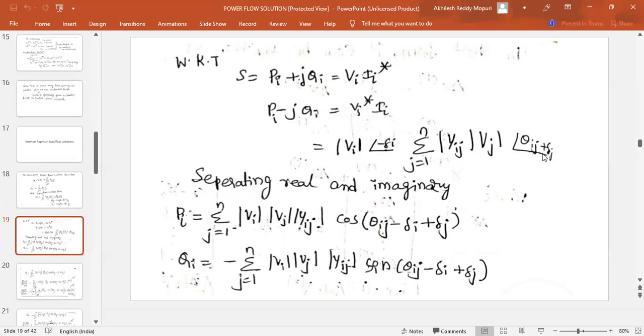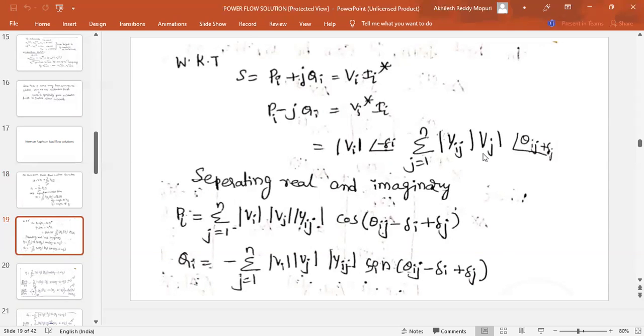Since the modulus of Vi does not contain a j term, we can write it either outside or inside, so I am writing it inside. It becomes summation j equal to 1 to N Vi Vj Yij at an angle of theta ij plus del j minus del i. Now I am equating the real part and the imaginary part.